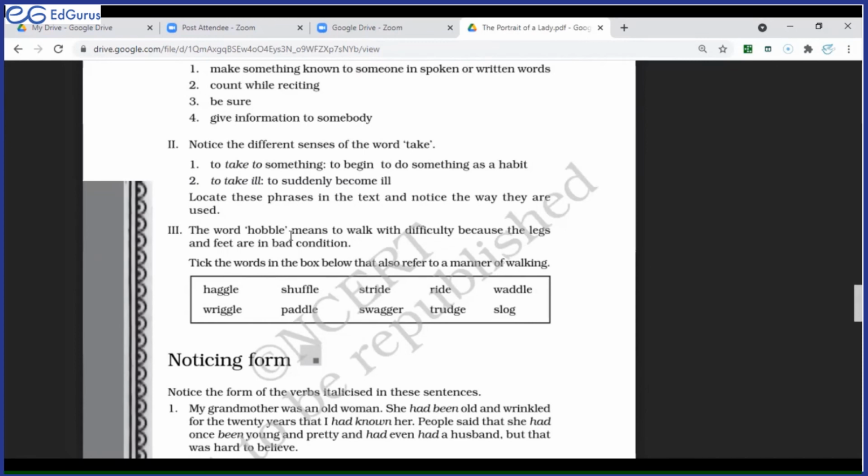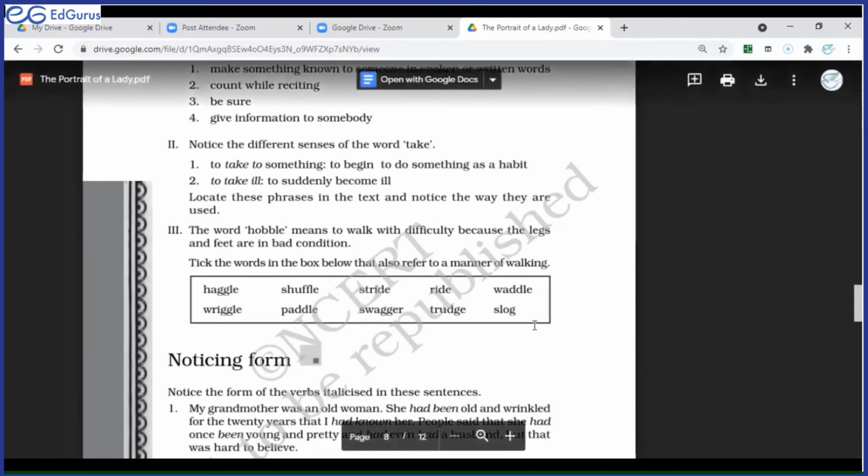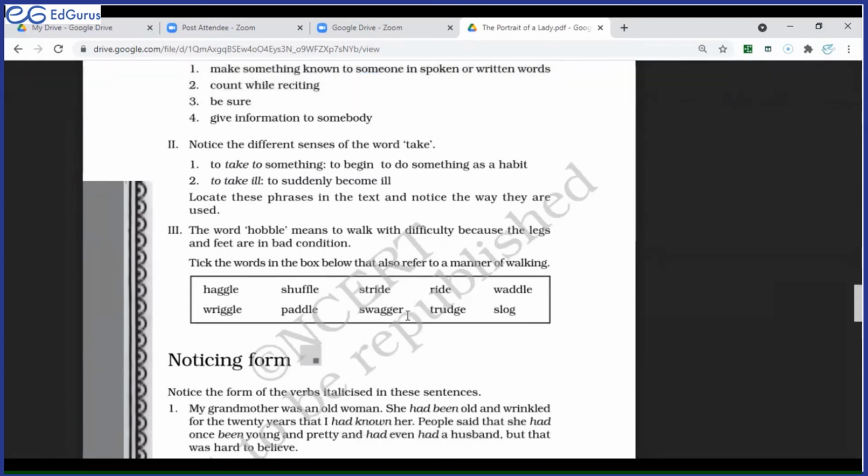Hobble means to walk with difficulty. It was because of her old age that she would walk with difficulty. She would hobble because the legs and feet are in bad condition. Now, here in this box, there are a few words which express the manner of walking, not all the words. So, you have to pick up those words.